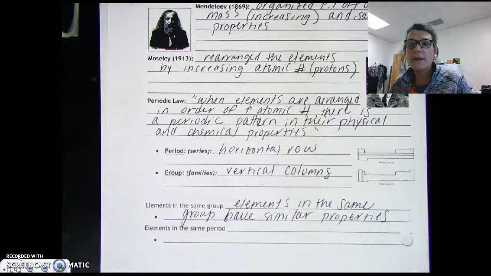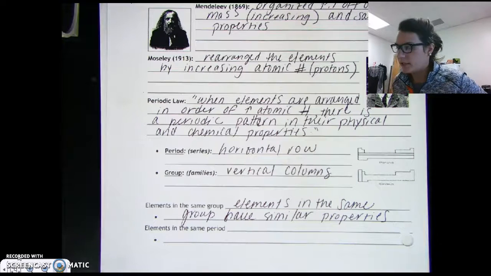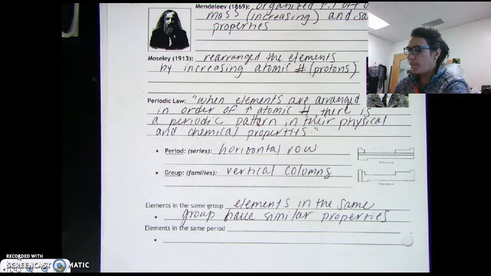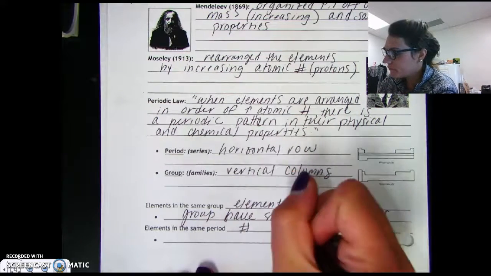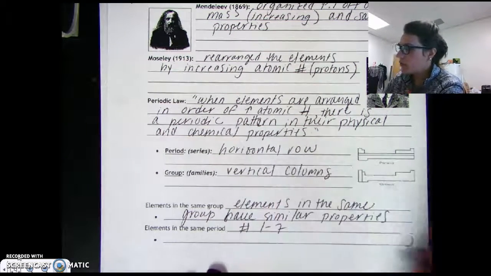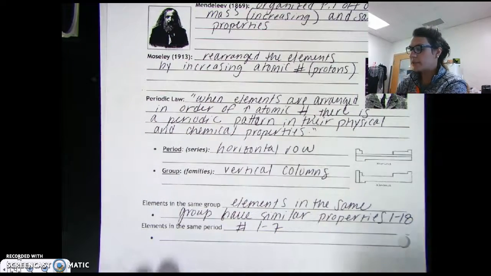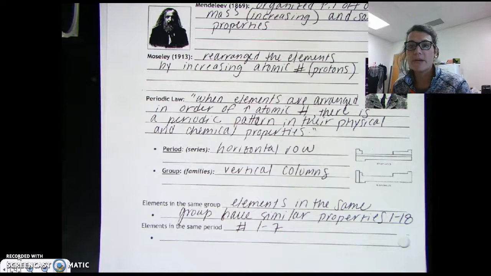So calcium and magnesium are in the same group, therefore they will have similar properties. Elements in the same period do not have similar properties, okay? And they're numbered 1 through 7. Okay, the groups are numbered 1 through 18. Elements in the same period are numbered 1 through 7, and their properties are not the same, I'm sorry.